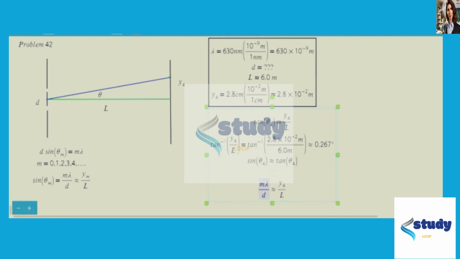Let's go ahead and substitute the values here. This is going to be 4. Here for lambda, let's substitute lambda. Lambda is this quantity. Y4 is this one, 2.8 times 10 to the negative 2. L is the 6.0 meters.